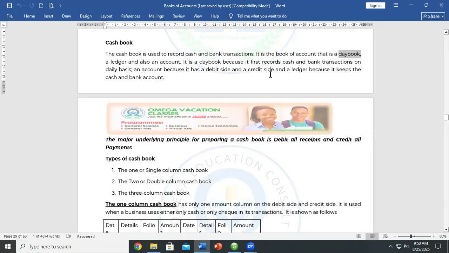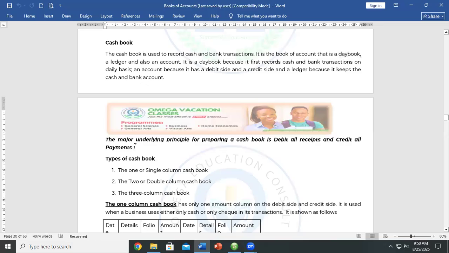If you realize, the sales day book, purchase day book, return inwards and return outwards day books didn't have a debit side or credit side. So that makes it different from the cash book. It is also a ledger because it keeps two accounts, and that is the cash account and the bank account.